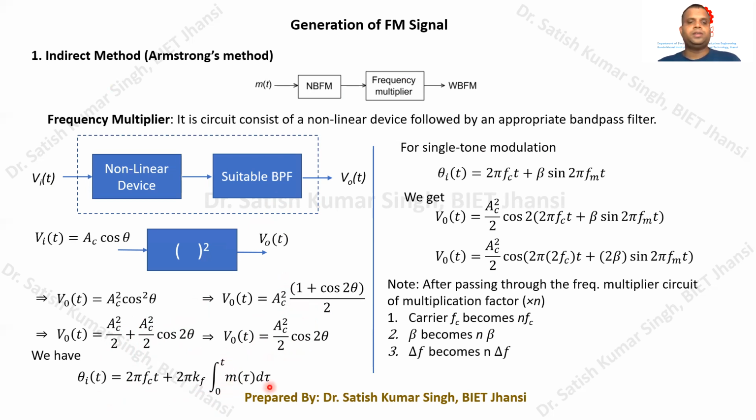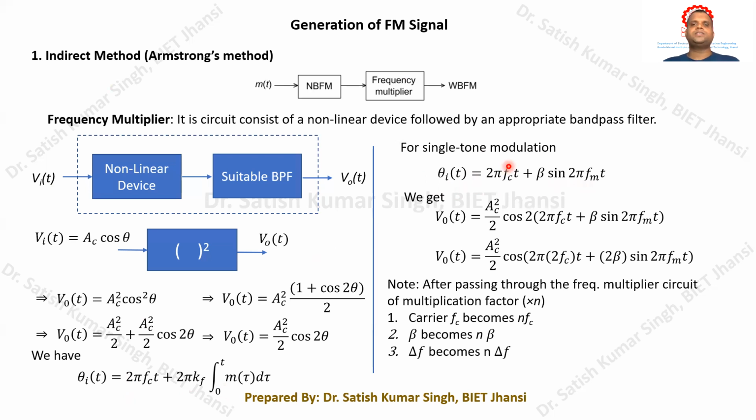We also did a little calculation for the single tone modulation case. If we take m(tau) equals Am cos 2 pi fm tau, then theta i(t) can be written as theta i(t) equals 2 pi fc t plus beta sine 2 pi fm t. So this was the expression of our angle for the FM modulated signal.